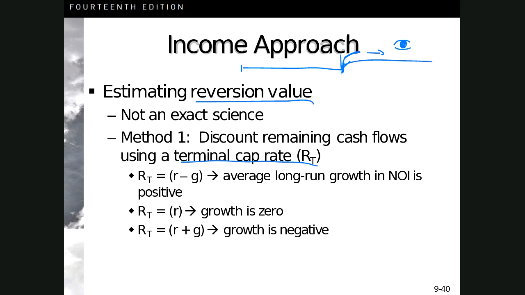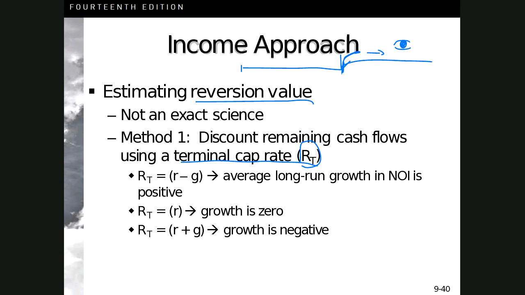So we are again going to choose a cap rate, but this time it is the cap rate at the terminal time, so we're going to call it a terminal cap rate.